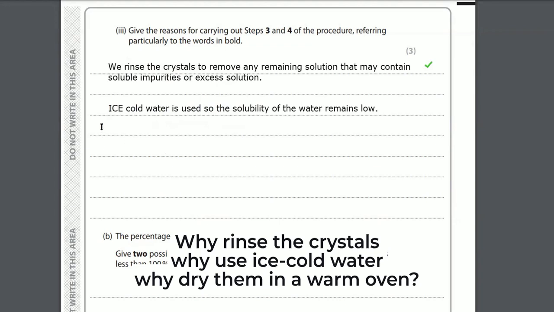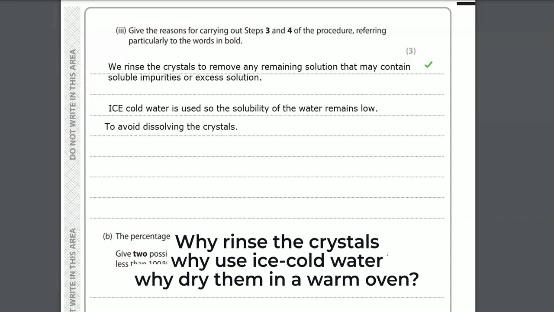We want to avoid re-dissolving, to avoid dissolving the crystals. We don't want to actually dissolve the crystals we've just made. If we used hot water, we're going to increase the chance. Obviously, you're going to increase the solubility of the crystals, more soluble in hot water than in cold water.